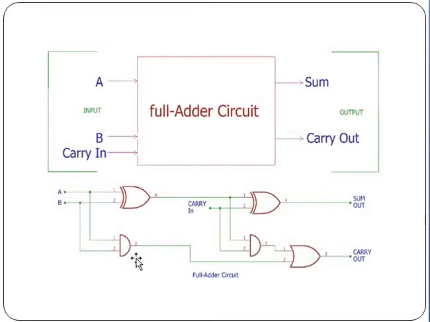Here the two inputs A and B are given to the AND gate, and the outputs of the AND gates are given to the OR gate. So this is how the circuit diagram is connected. Here we also have the carry input C.